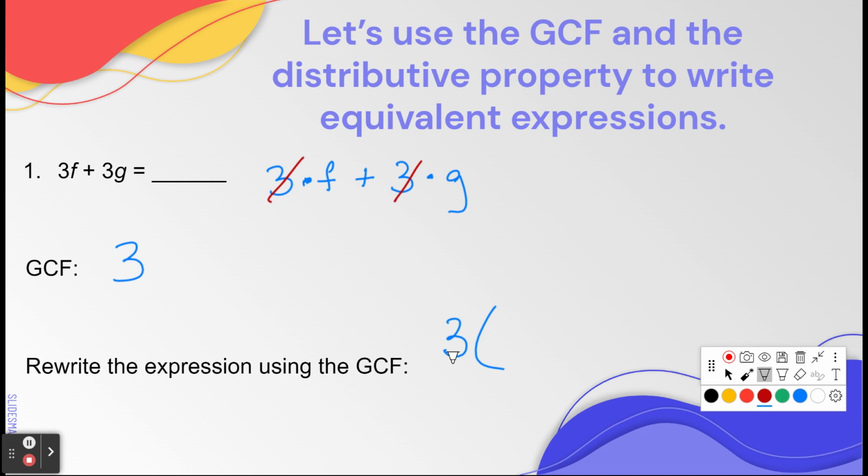I'm going to cross out this 3 because that factor is here. So let's look at what is left. Out of the 3f, I have an f. I have my plus, and out of the 3g, I have g. So we have 3f plus 3g, then we took out the greatest common factor of 3 and put that here. We have 3 times f plus g. And that is an equivalent expression using the greatest common factor.